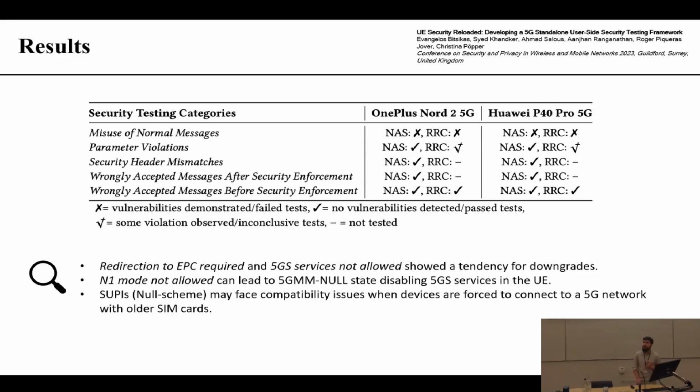For non-3GPP access, though, there must be integrity protection. And finally, we noticed some inconsistencies with SUPI, and this is actually the SUCI null scheme. And the device may reveal the SUPI when it is forced to a 5G network with old SIM cards.